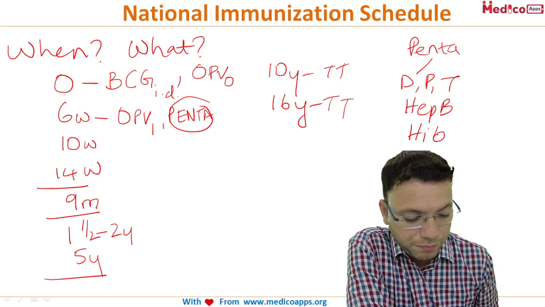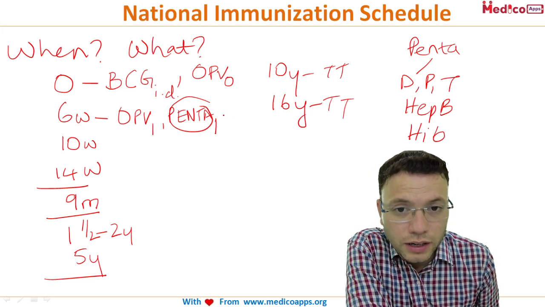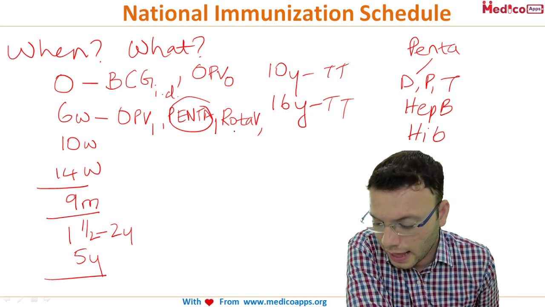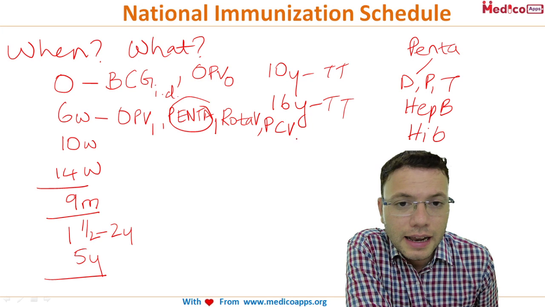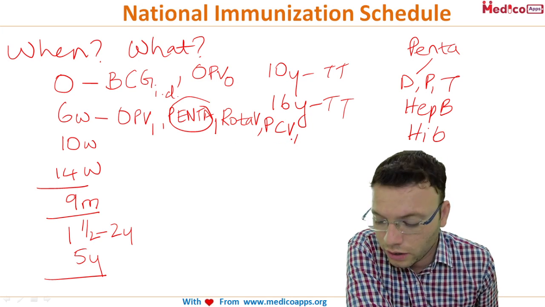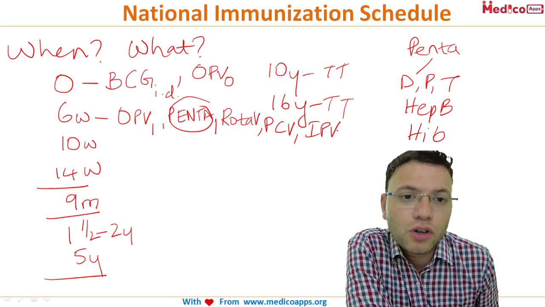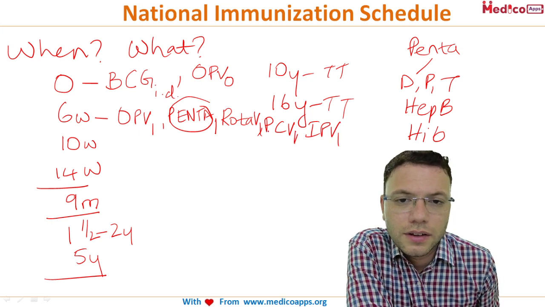So you give the first dose of penta, then you give rotavirus vaccine in the places where it is very common, and then you give PCV, that is pneumococcal vaccine, and finally the first dose of injectable polio vaccine. These are all first doses.